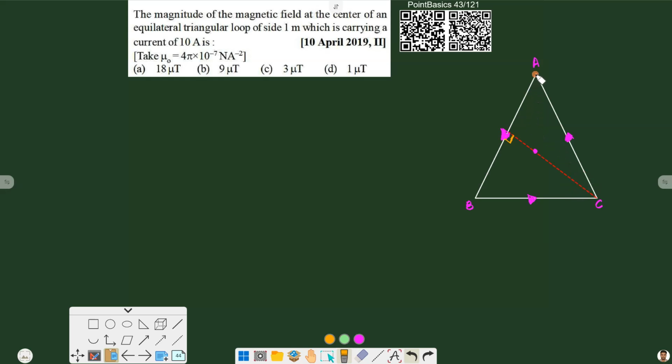We can do similarly for AC or for the corner A. And why are we doing this? Because we have to find these angles. Suppose we are going to find the magnetic field due to conductor AC, then we have to find the angle phi 1 and angle phi 2. And let's also do it for the part BC. It will go something like this.